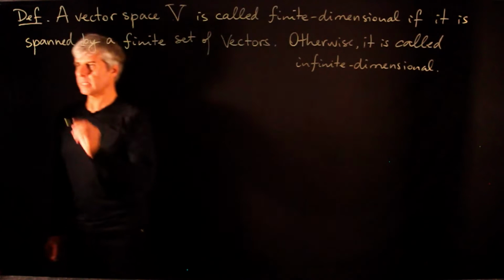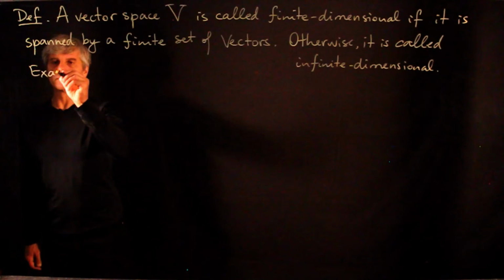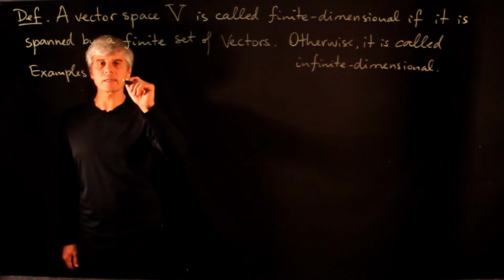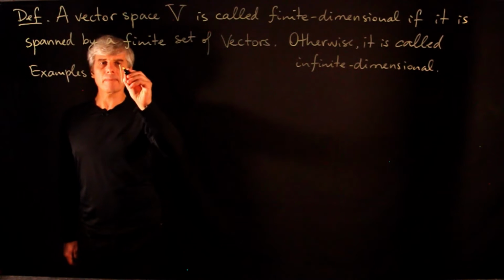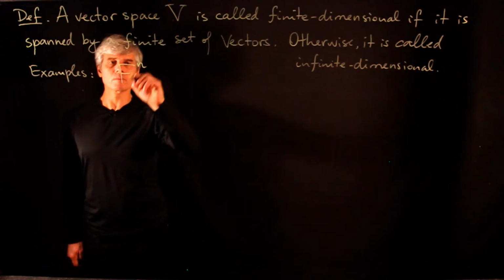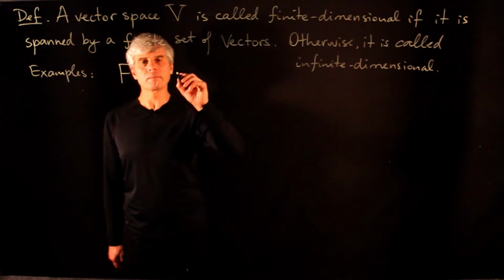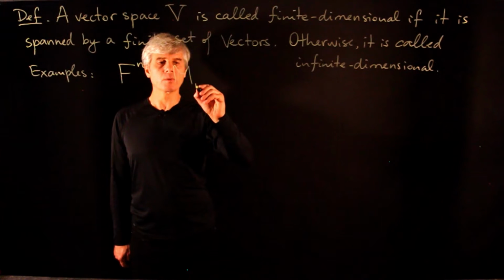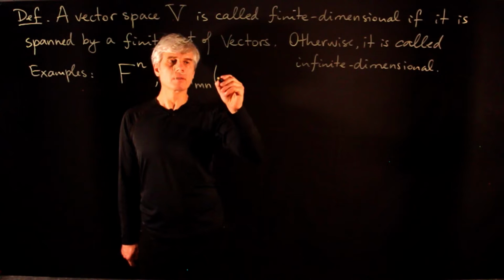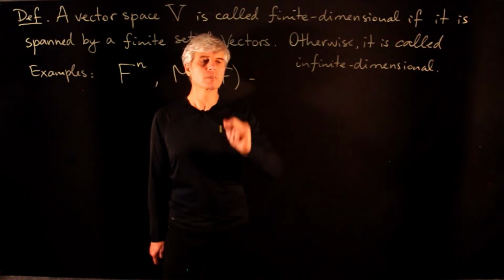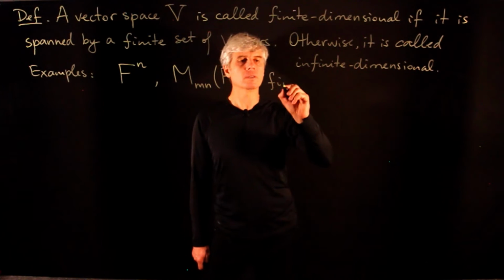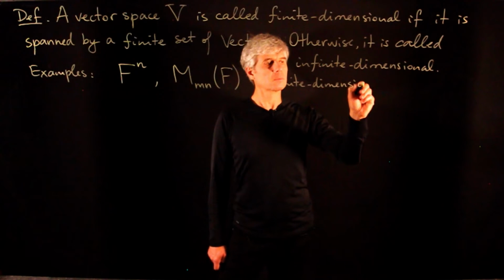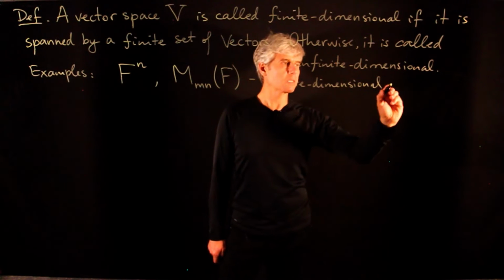Examples: if we take Fn, or the space of m by n matrices over a field F, these are finite dimensional vector spaces.